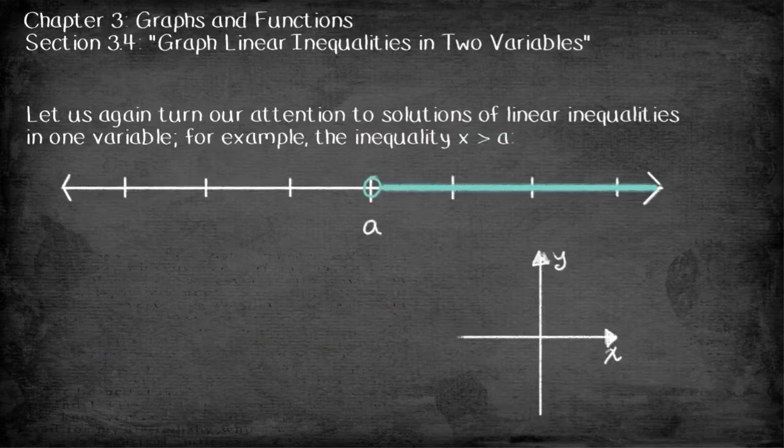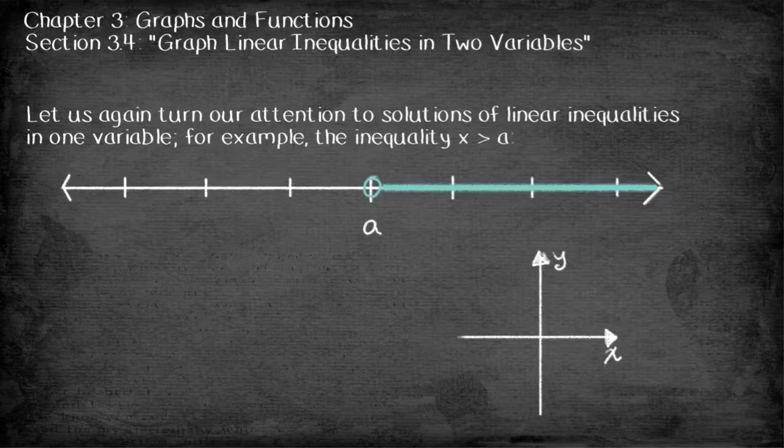Okay, so let's take a second look at what happens when we solve a linear inequality with one variable. When we do that, we look at our number line picture, and we get something that looks maybe like this. Everything to the right of a is shaded, and there's an open circle at a, depending, of course, on what the original inequality is.